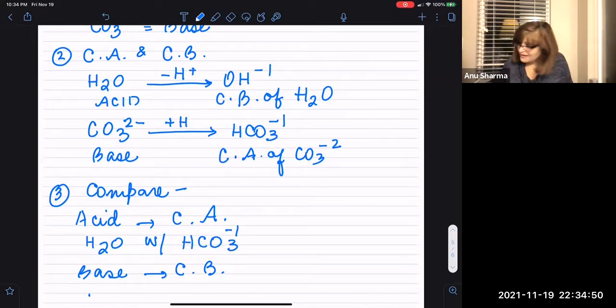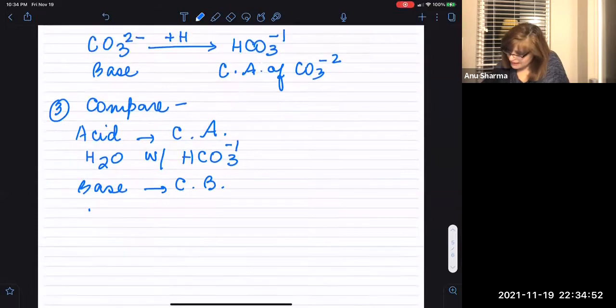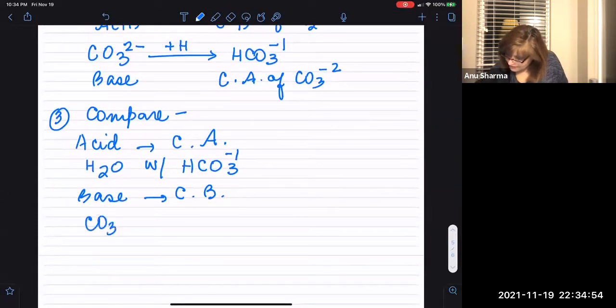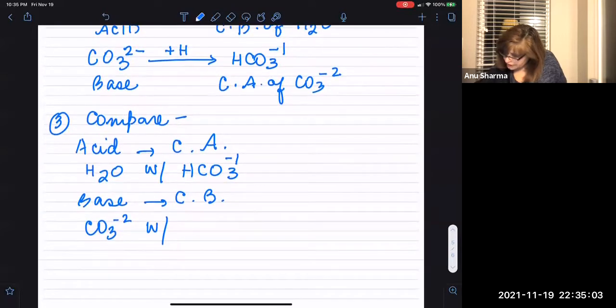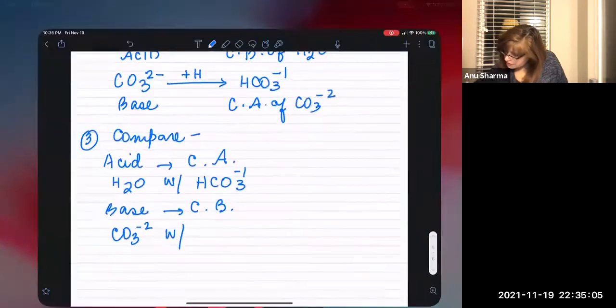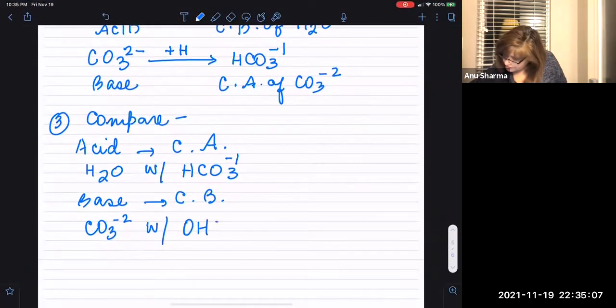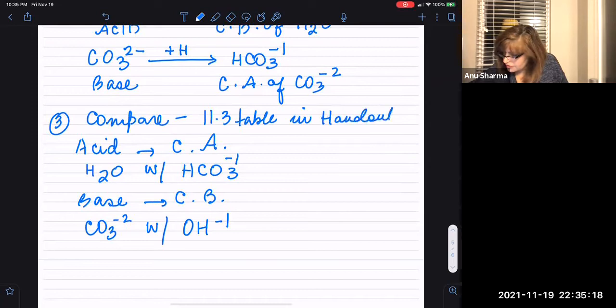Sorry about that. Next is the base. The base is the carbonate ion, minus 2, and you compare that base to the OH ions, 1 negative. This comparison has to be done using Table 11.3 in the handout, or from your book directly.